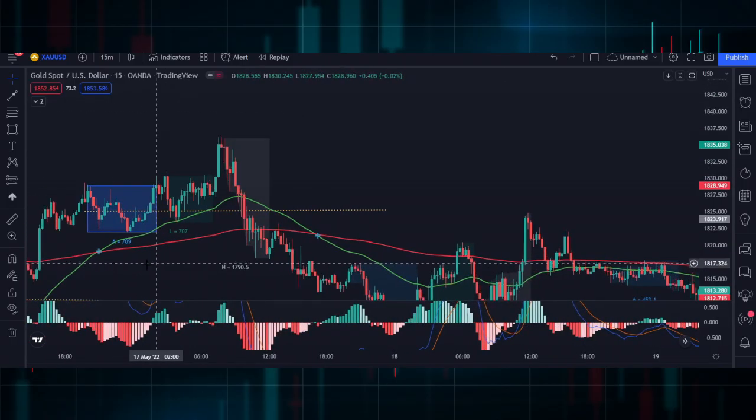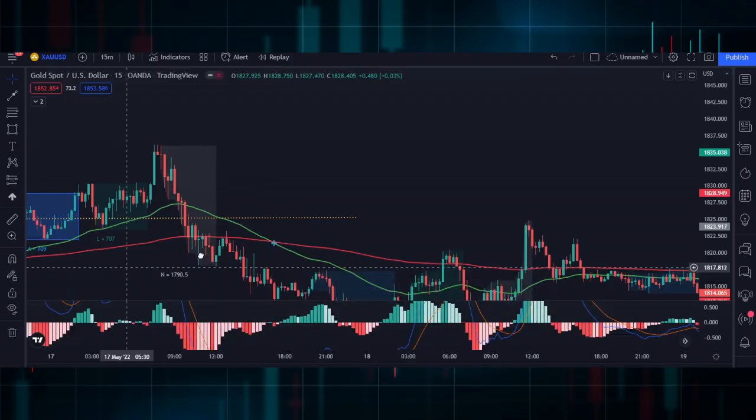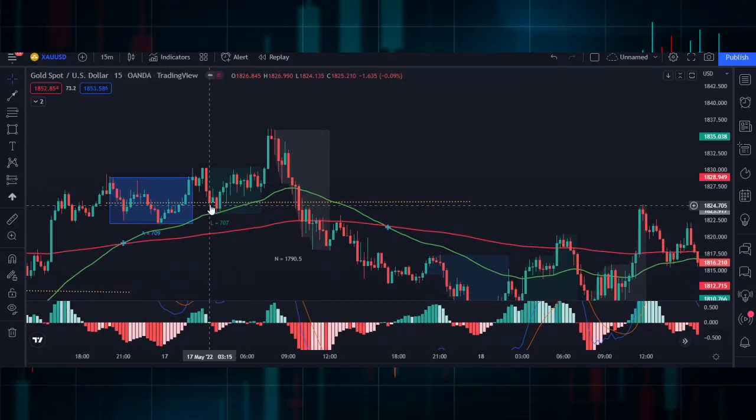So let's see where we would have entered. Our entry would have come right after this bearish candlestick, on this bullish candlestick, because we enter on the very first bullish candlestick after the bounce for an advanced buy setup.